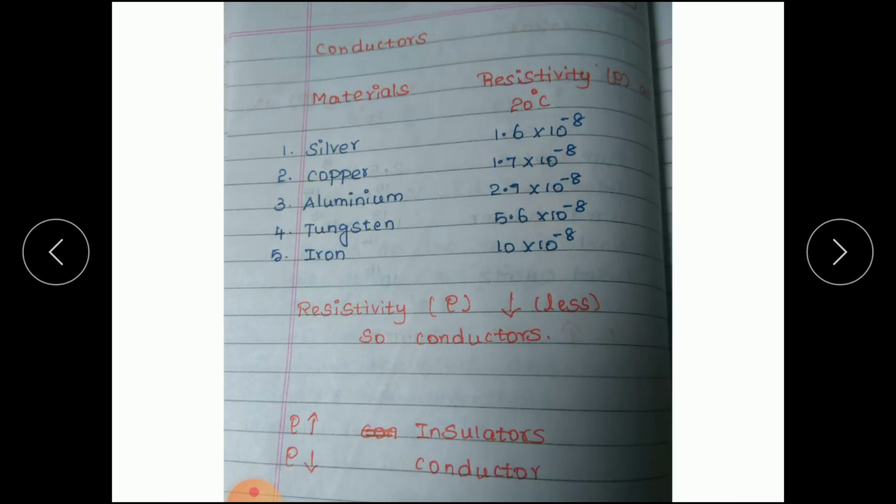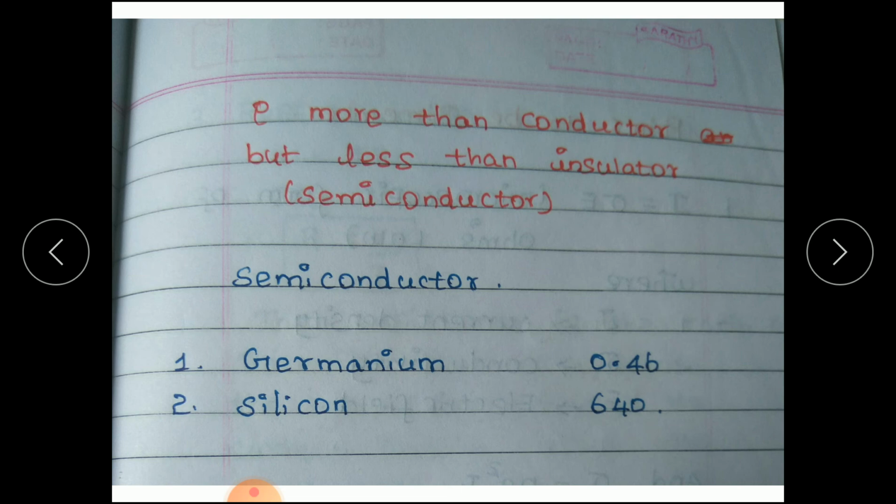And for the conductors, the resistivity will be very low. In your book, five materials are given for conductors: silver, copper, aluminium, tungsten and iron, along with their resistivity values. So for the insulators the resistivity value will be very high, for the conductors very low, and for the semiconductors the resistivity value will be more than conductor but less than insulator.